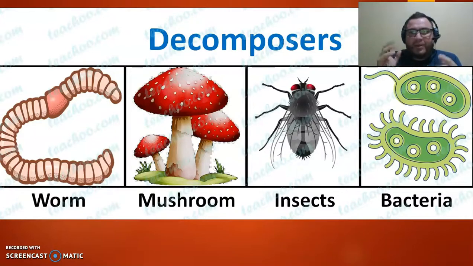For example, the food, animals that are dead, rest of plants, rest of fruits, all the things that are without life. These bacteria, these insects, some birds too, worms and mushrooms convert and disappear.